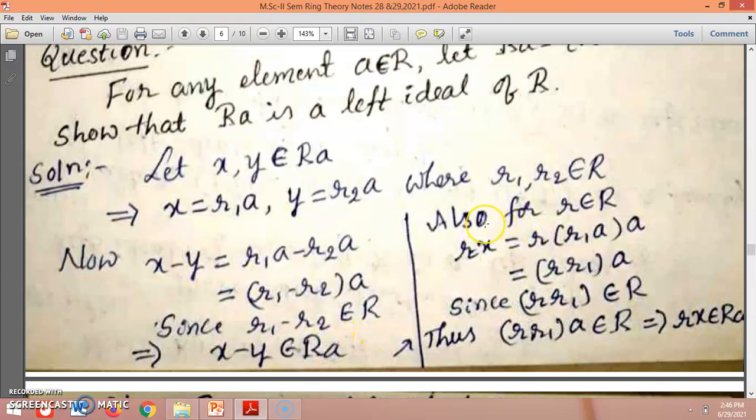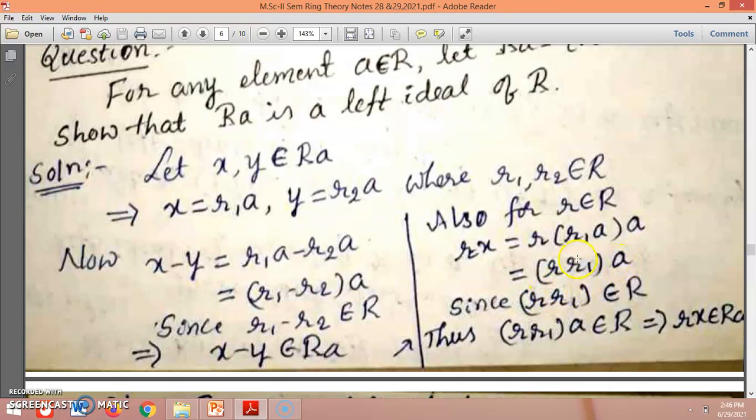And now the second property of an ideal, here the left ideal. For any r belonging to R, we take rx, where x is r1a, so we have r into r1 into a.